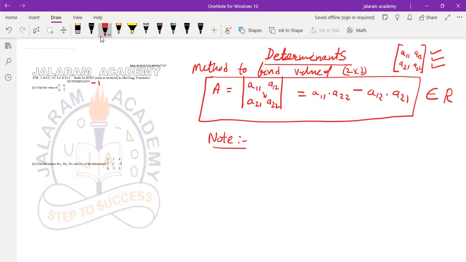If the determinant is of order 2 cross 2, write in your notebook, then its value can be obtained by this method.